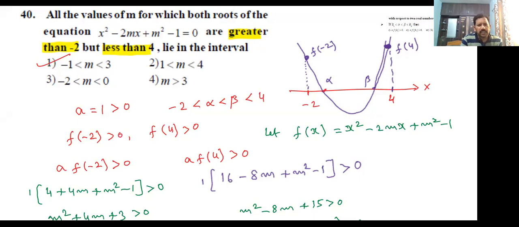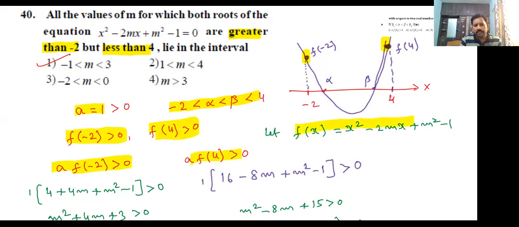So in this case, we can observe these conditions. That's why here f of minus 2, this is f of 4. In both the cases, both are positive. By observing the quadratic equation, a value is 1, it is greater than 0. Now the product of a f of minus 2, a f of 4, both are positive.